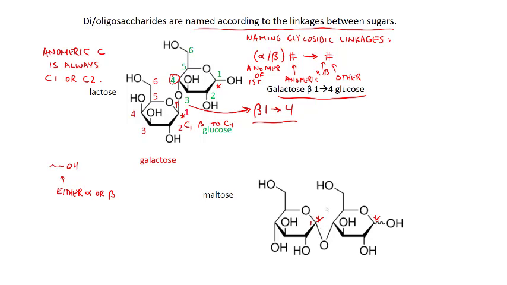So in this case, it's 1 because there's no other carbons outside the ring. 2, 3, 4, 5, 6. On the other one, 1, 2, 3, 4. It points down, so it's alpha. This is an alpha 1 to 4 glycosidic linkage. And so maltose is 2 glucoses connected by an alpha 1 to 4 linkage.